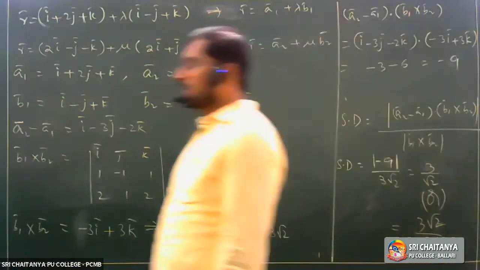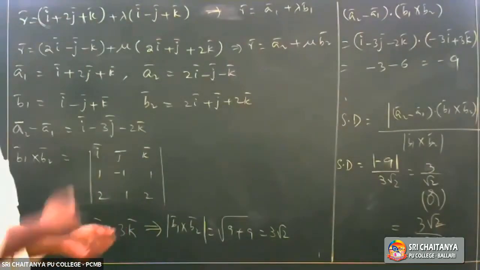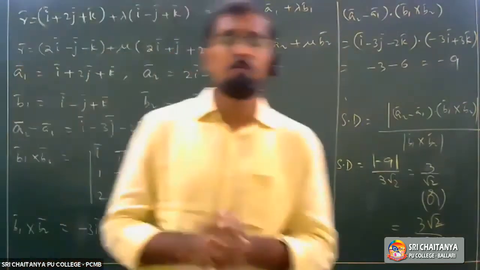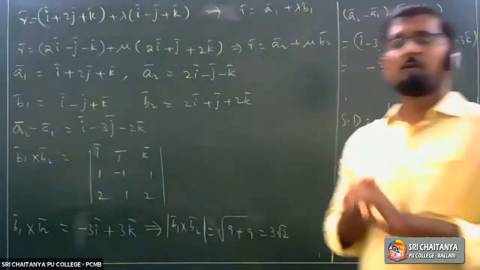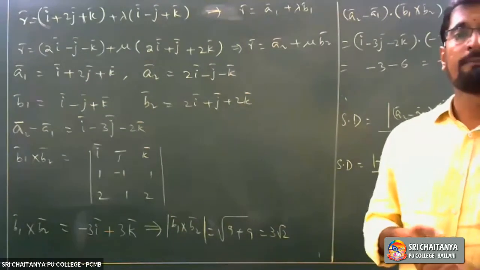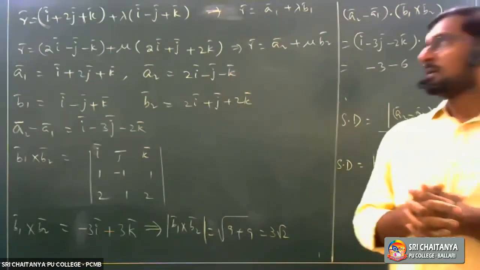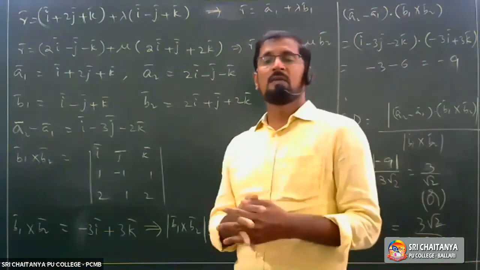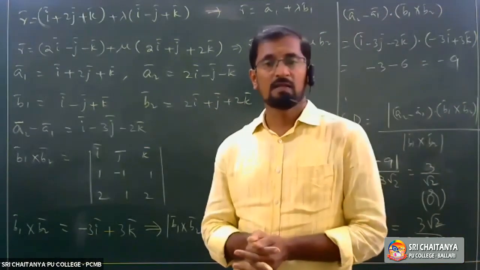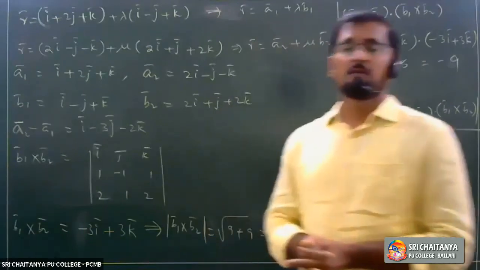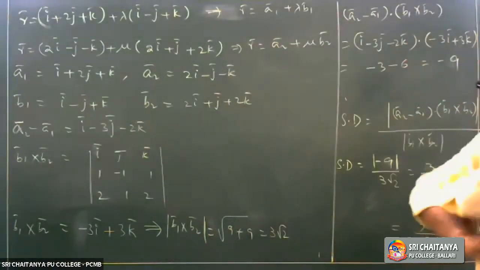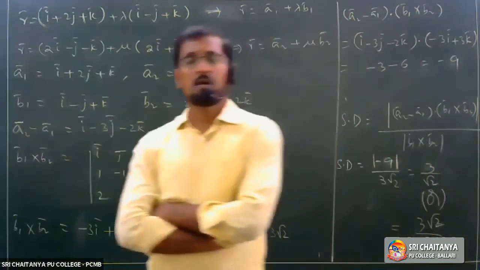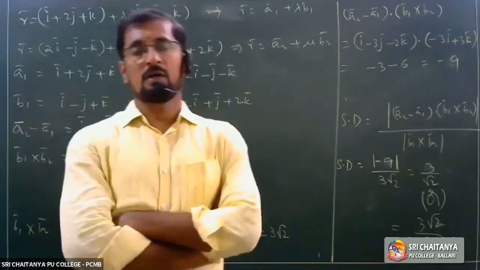I am going to repeat this entire problem once again while you are copying. First of all, compare the given lines with r bar is equal to A1 bar plus lambda B1 bar, and r bar is equal to A2 bar plus mu B2 bar.